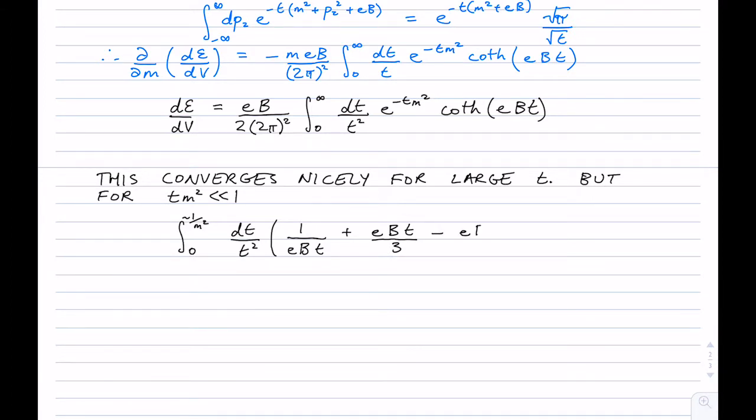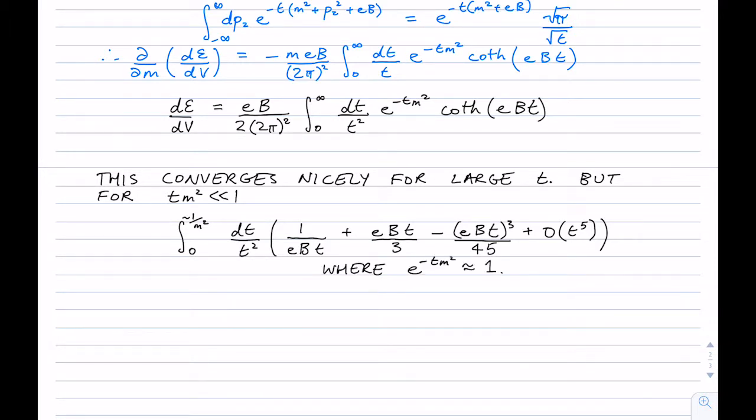These are the first few terms. I don't remember these, I just looked it up in Mathematica. This is order t to the power of 5 here. And in this case, because we're looking at very small values of t, I have ignored the exponential.